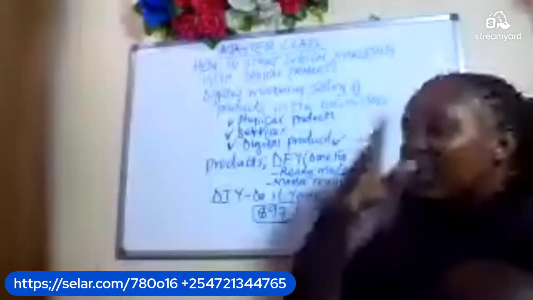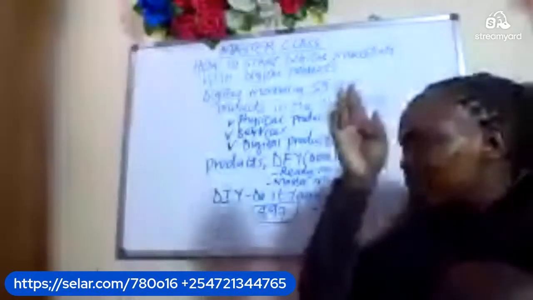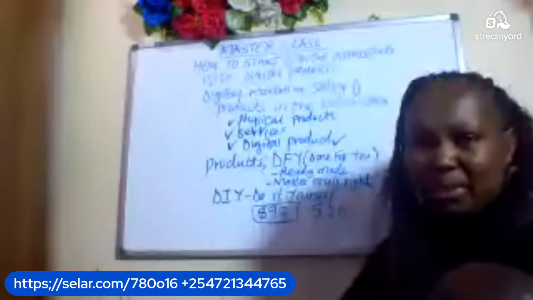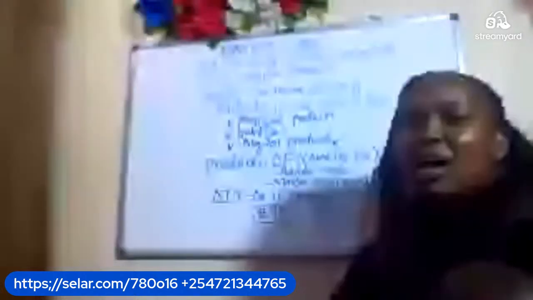From different parts of the world. The truth is, at the end of the day, you have a global business. Now, inside the programs that I have, they are going to show you how to make money in the online space.